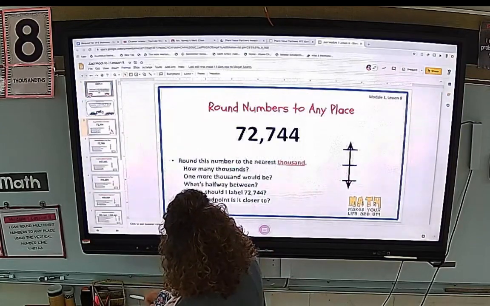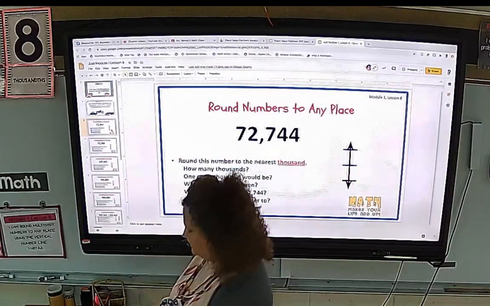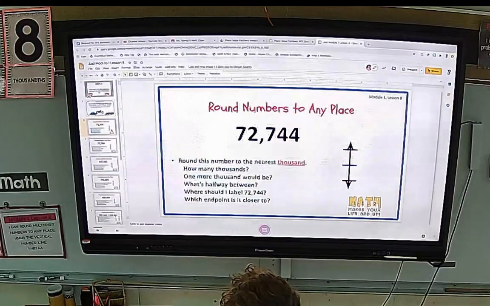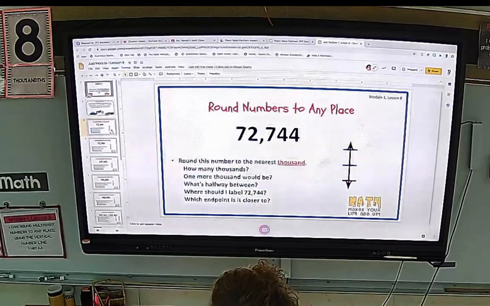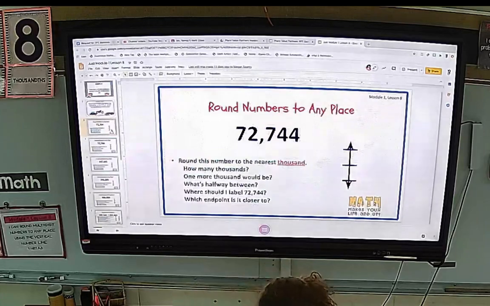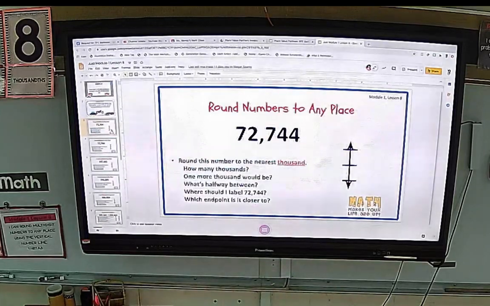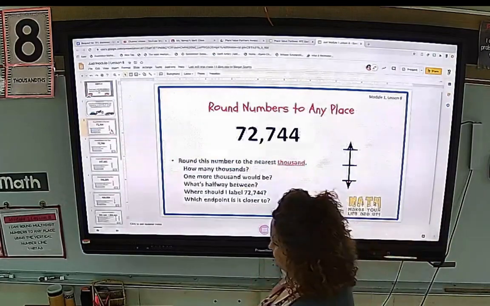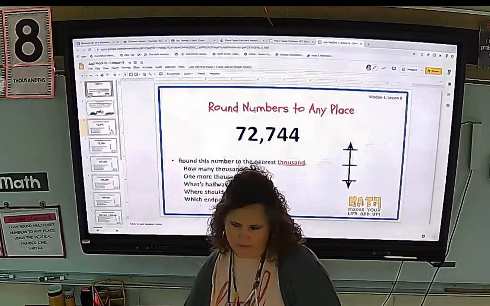So, if you would, get out your whiteboard. Let's leave our place value chart, but get out your whiteboard and your marker bag. Just put those out.